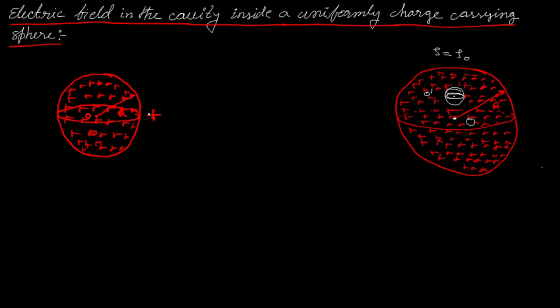Now, just consider only this cavity portion. I'm adding a plus sign here; later we'll think about it. Just draw this spherical portion only, whose center is at O dash. Assume that this cavity portion also carries a uniform charge density, but in this case with a negative sign, minus rho naught.